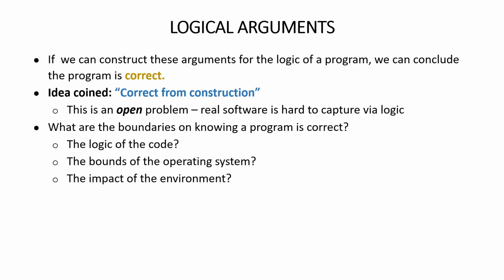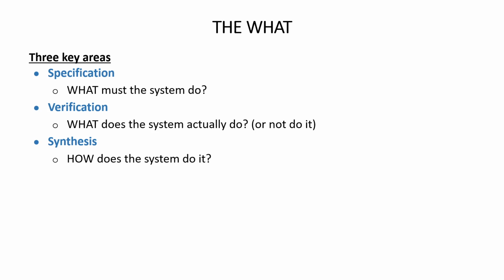Or maybe even the environment: we prove that the operating system is fine, that the program is fine, but then the house burns down where the computer is standing, right? So there are always some kind of boundaries, and we need to set these boundaries. We need to be aware of these boundaries, and we then need to formulate these boundaries and take them into consideration in the analysis that we do.